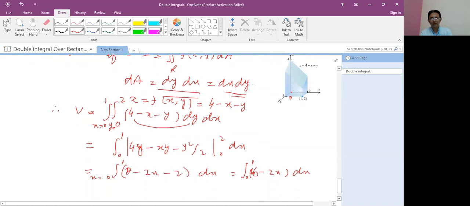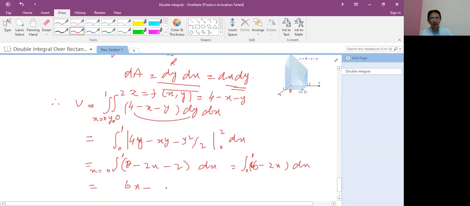In the next step, student, we integrate with respect to x and find the volume. So 6x minus 2x squared upon 2, with the limit 0 to 1. In the next step, we apply: 6 into 1 is 6, minus 2 divided by 2, when we put 1 squared it is 1. 6 minus 1 is 5.